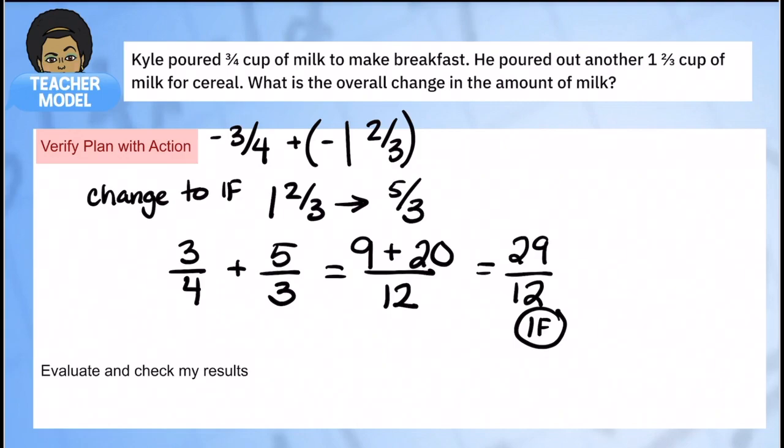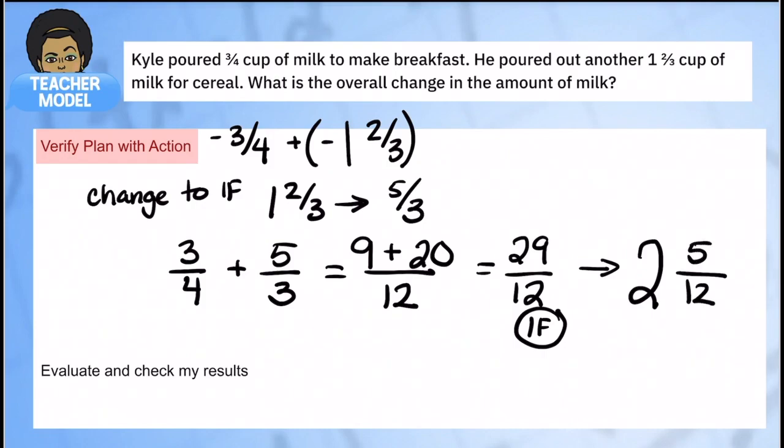Now let's just make sure this is not an improper fraction. You can either do some mental division, 29 divided by 12, or if you really get stuck, you can turn it into a long division problem. But I'm going to use mental math. 29 divided by 12 is 2. That's 24. And that would leave me with 5 out of 12.